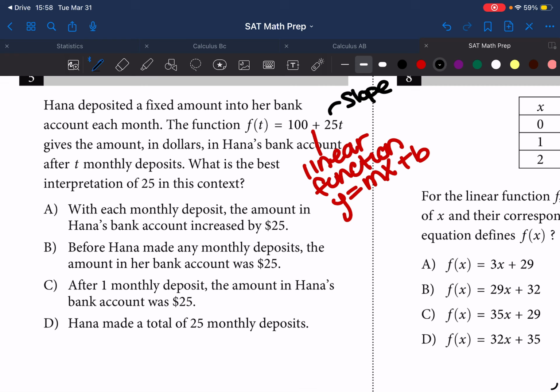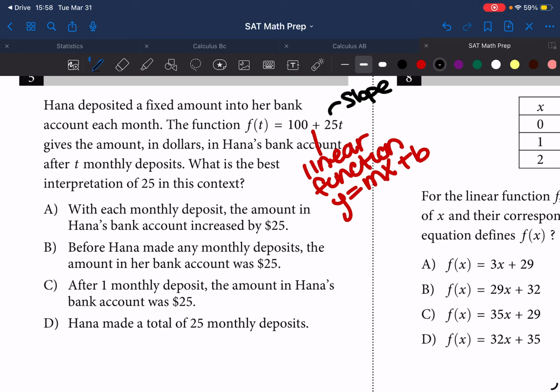So when I'm reading each of these, I need to make sure that it is talking about the rate of change. And remember, t is monthly deposits. So that means each month she is getting $25, okay? And that 100 is just representing her initial amount that's in her bank account.